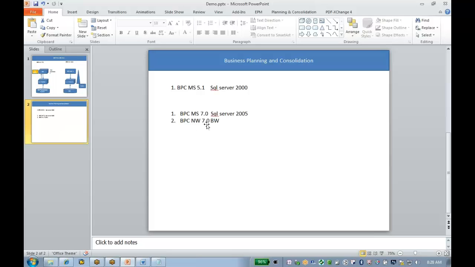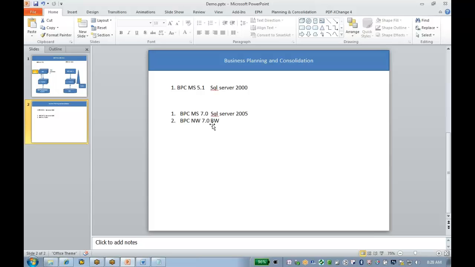So for NetWeaver 7, what is NetWeaver? Again, it's a big thing. SAP is a big product, a big organization. It has some products for the transactional system. It has some products for data warehousing.